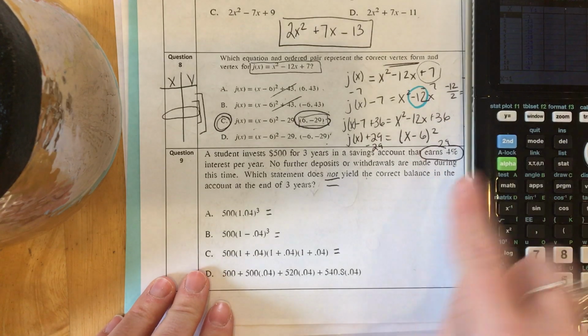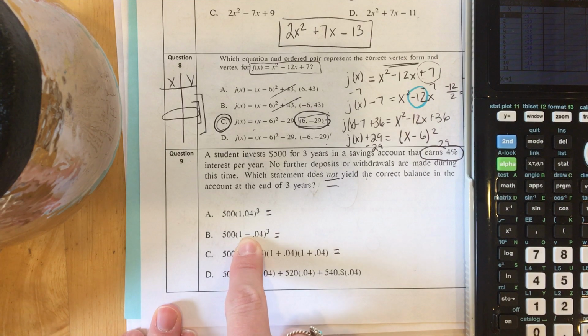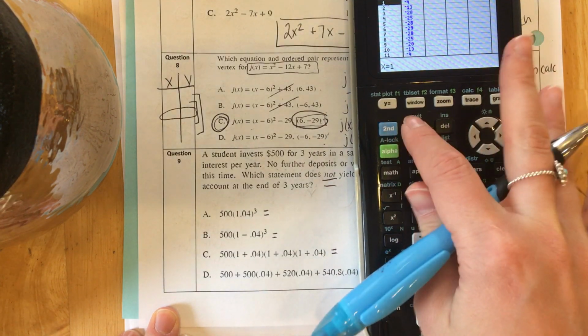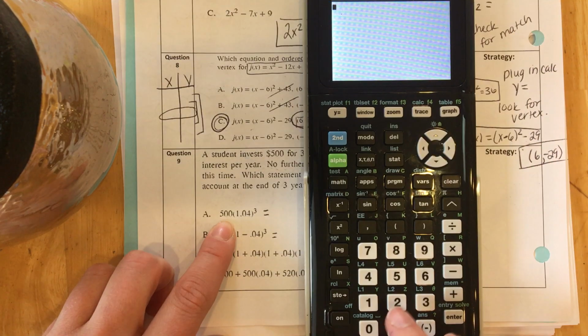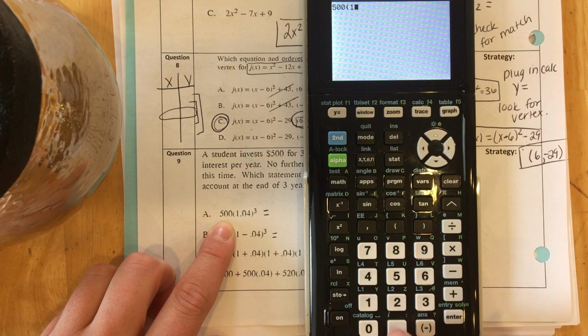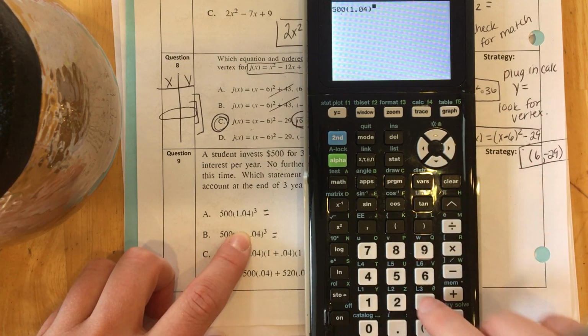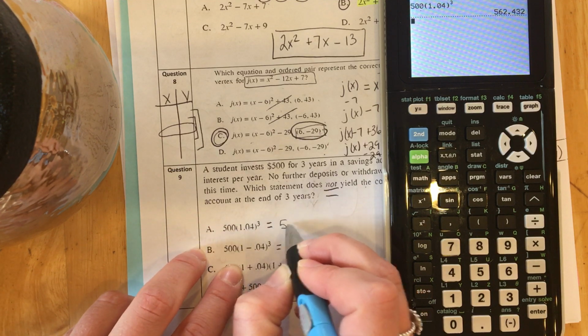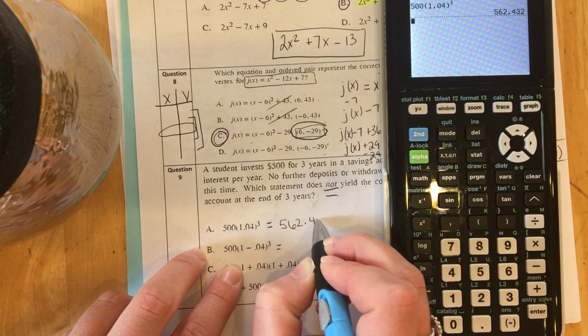Now, earning 4%, okay, notice right here, this is minus. Minus does not mean I'm earning. This makes me think this is the wrong answer, but let me check using my strategy. So I'm plugging in 500 parentheses 1.04 to the third, enter, and I get this number of 562.432.